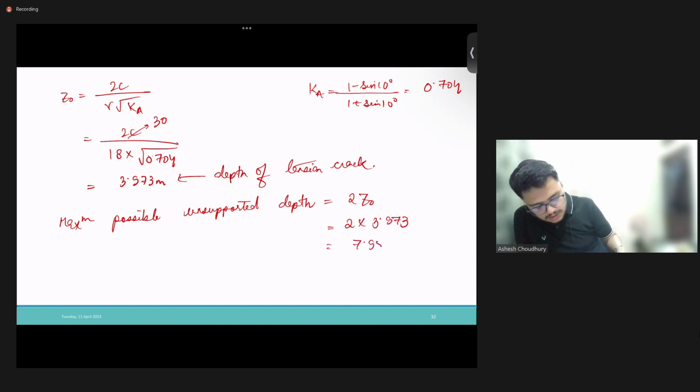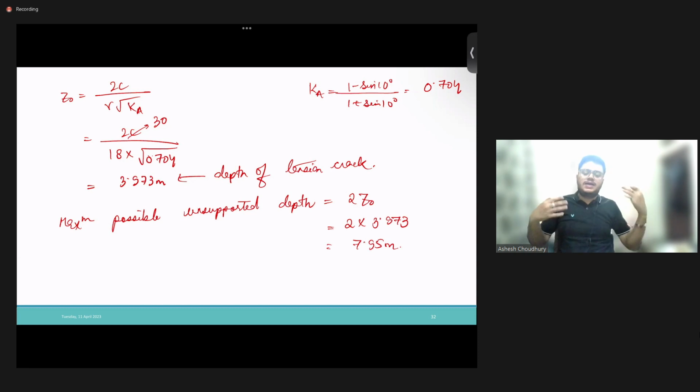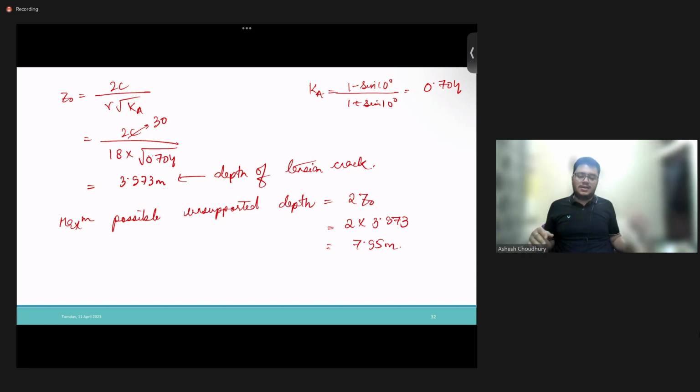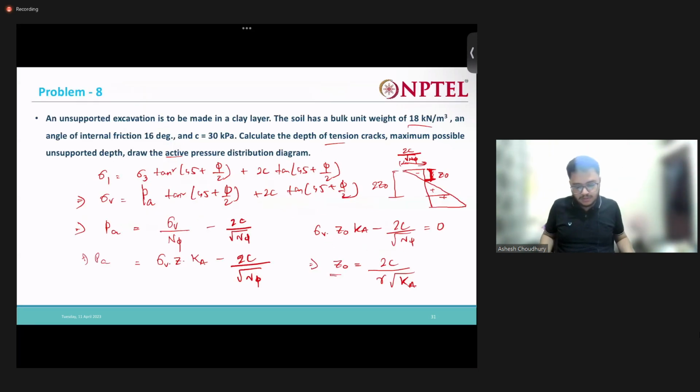So if my depth of excavation is less than 7.95, then the soil can stand by its own, right? It doesn't need any support. An active earth pressure distribution we already do, it will be something like this.